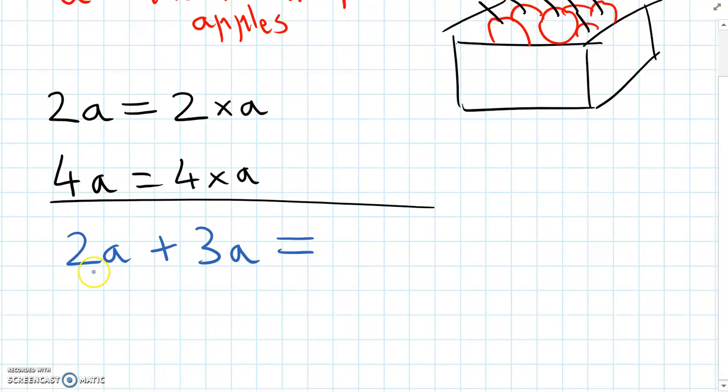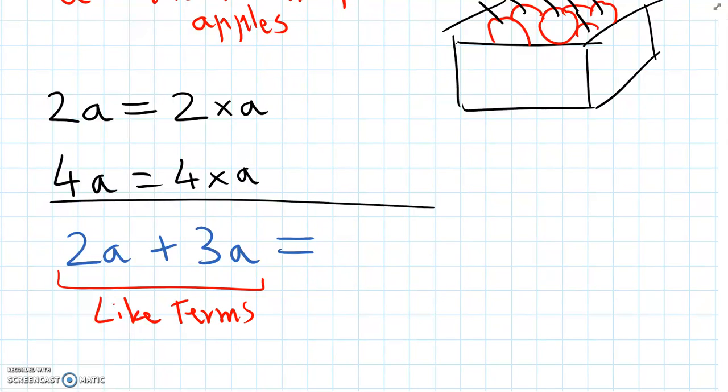So we can actually combine these two together because they're both counting the number of apples, and we call that like terms. Like terms have the same pronumerals.